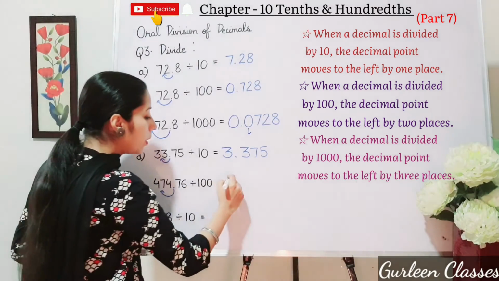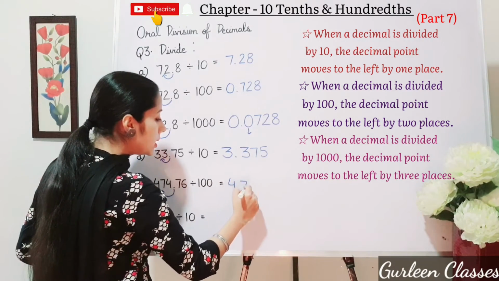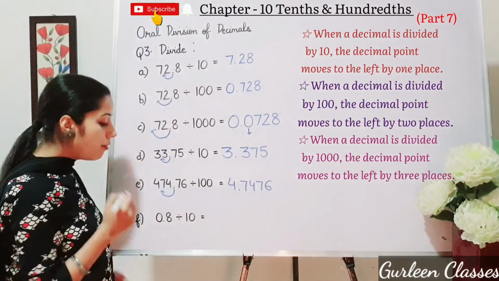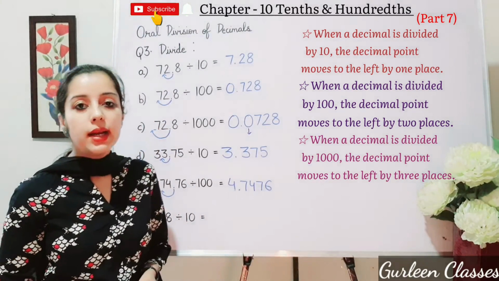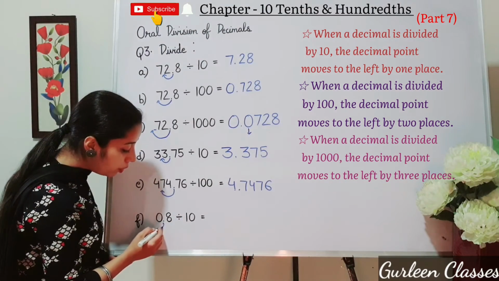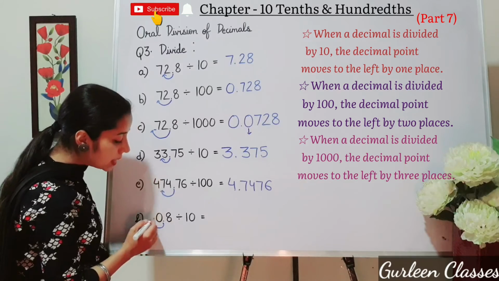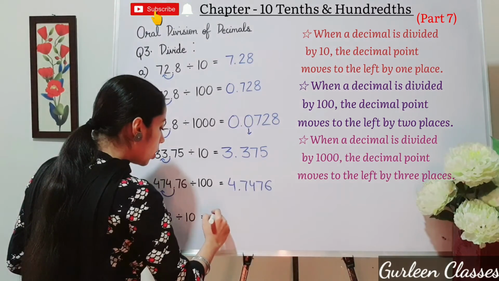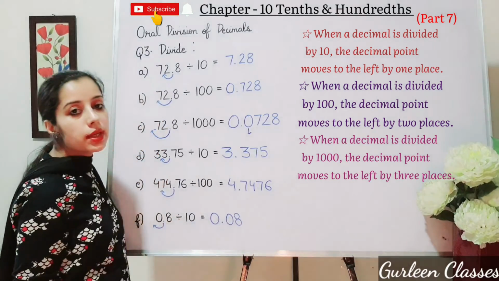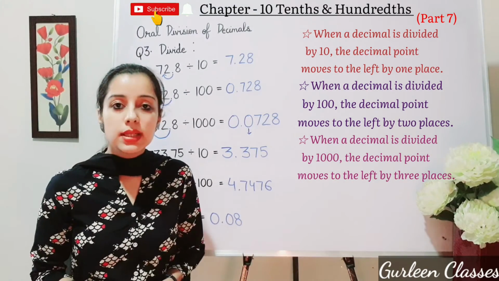So it will be 4.7476. Now F bar: 0.8 divided by 10. Here this decimal point will move to the left by 1 place. So it will be 0.08. I hope students oral division of decimals is clear.